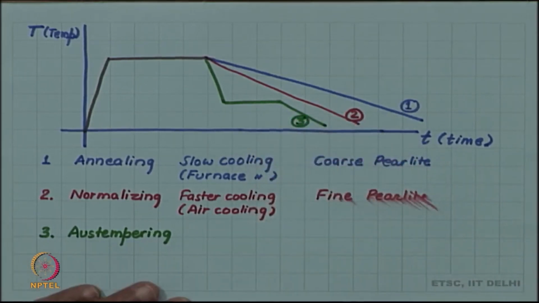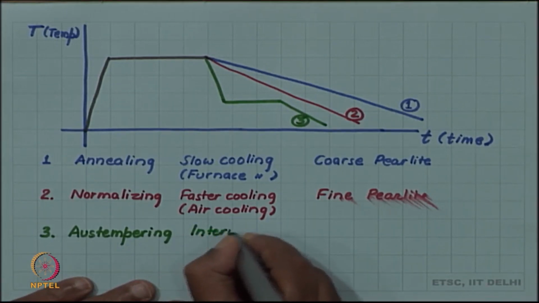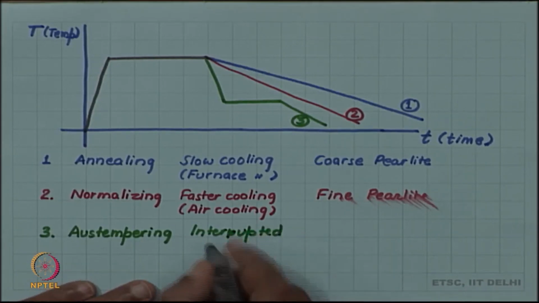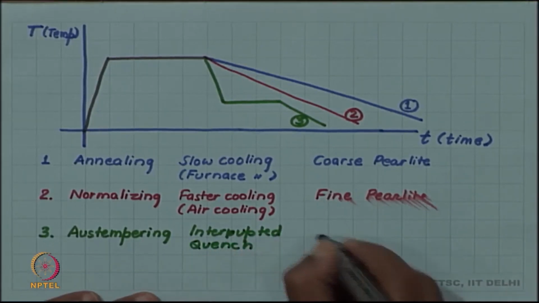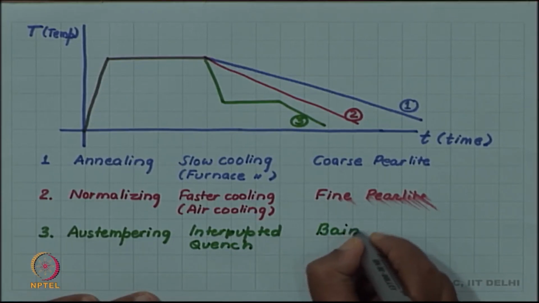So, this is tempering. Let me call it interrupted quench, and this gives you bainite.